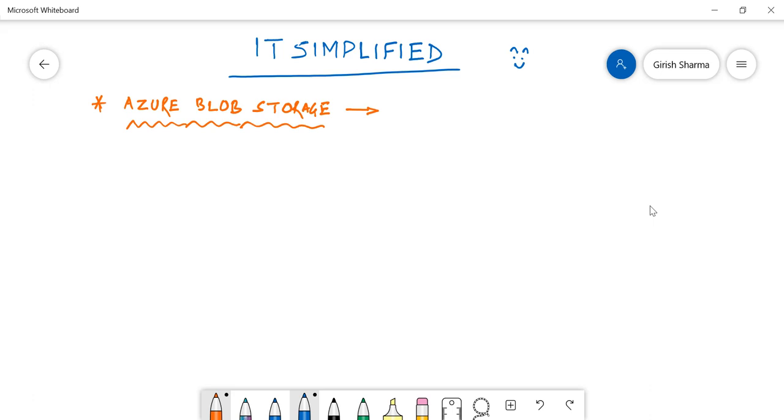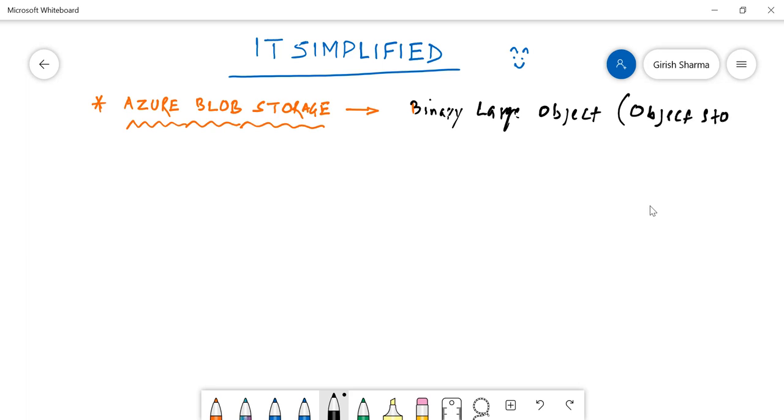So, what is blob? Blob stands for binary large objects. It is object storage, and it is meant to store unstructured data, the data which doesn't need to have any specific structure to it.